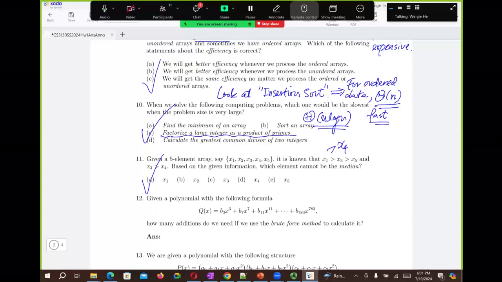But for x5, it is less than x1 and less than x3, but you cannot say it's less than any other element. Because between x4 and x5, you cannot say which one is larger, so it's still possible for x5 to be the median.